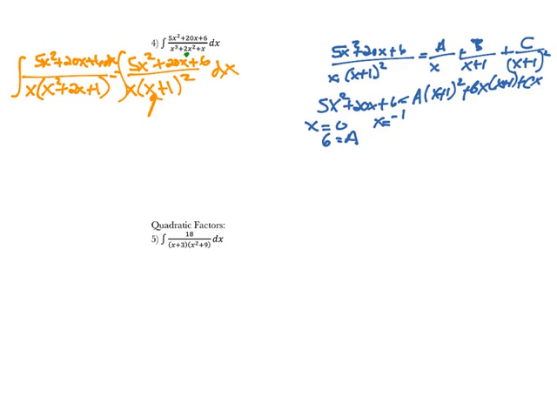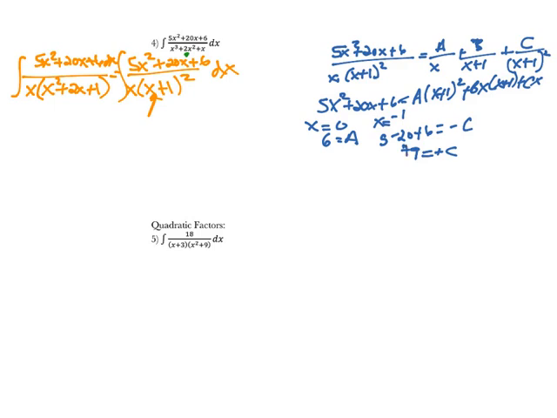So I'll have negative 1 squared is 1 times 5 is 5, minus 20 plus 6 equals negative c. So I have 11 minus 20 is negative 9 equals negative c, so that means c is 9.